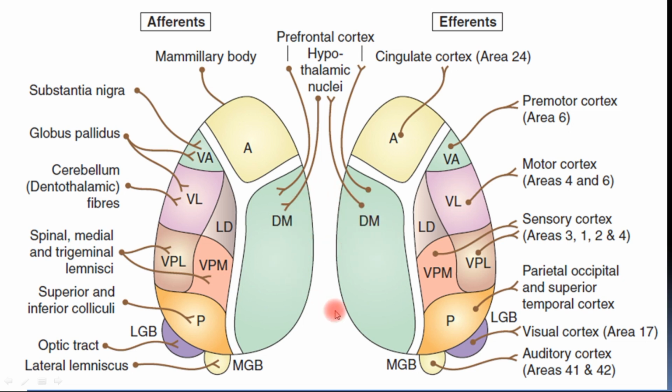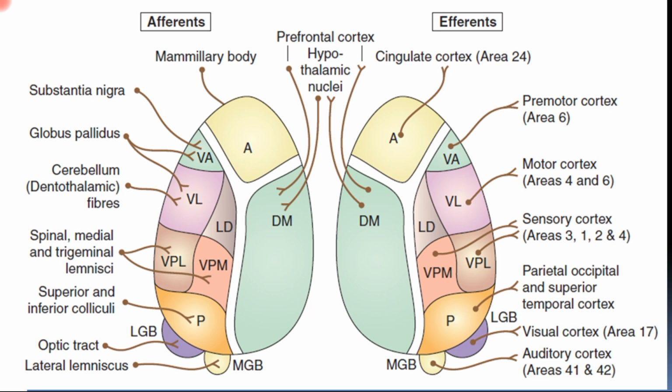Now coming to the fourth and final, that is the integrative function, which includes the lateral dorsal nucleus and the pulvinar. Here only one representation is given. The integrative function is represented only by the pulvinar, but there are three nuclei involved. All of them have the same input and same output. So let us study the integrative function just by studying the pulvinar.